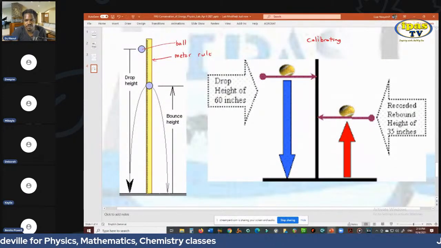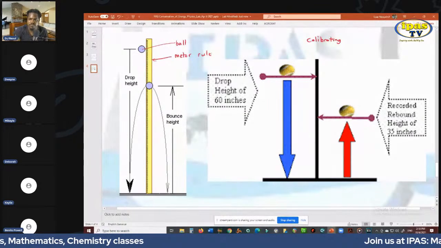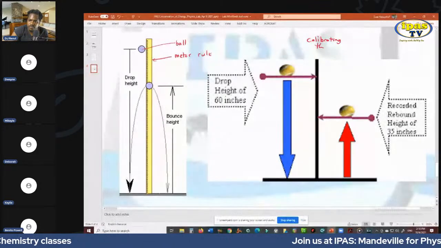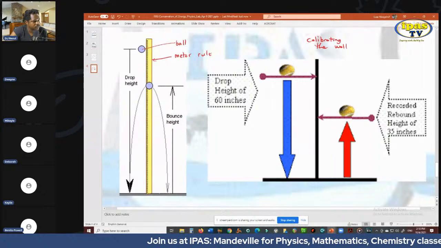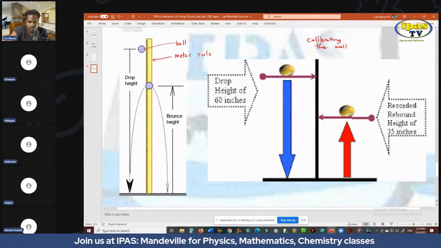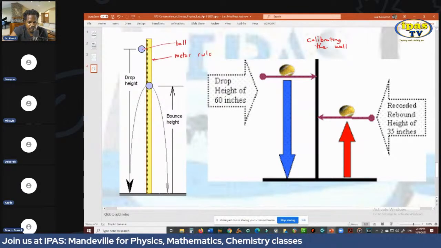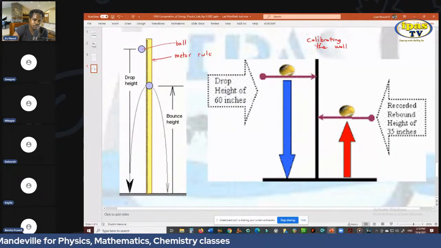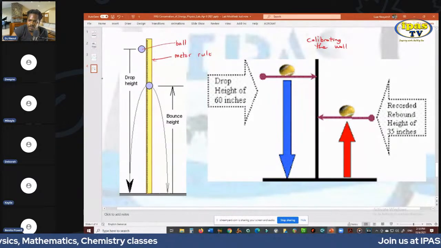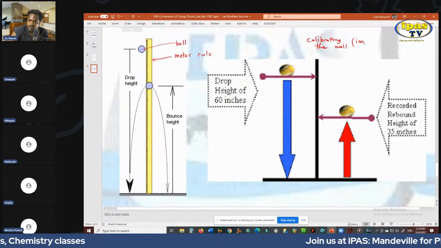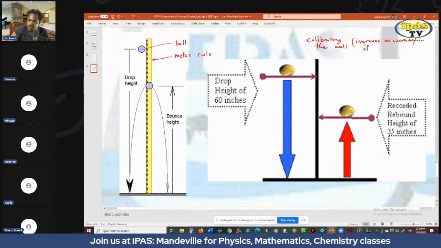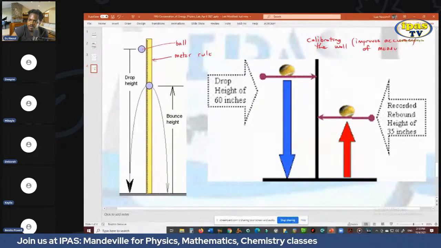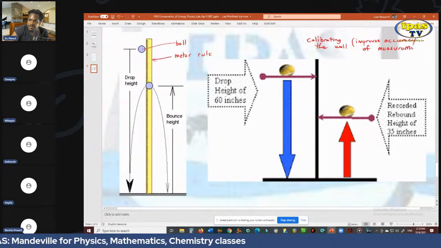That's it. Any questions here? No, sir. All right. So calibrating the wall improves accuracy of measurements. So that's a note for you guys here.